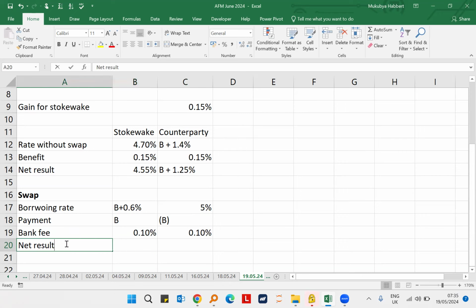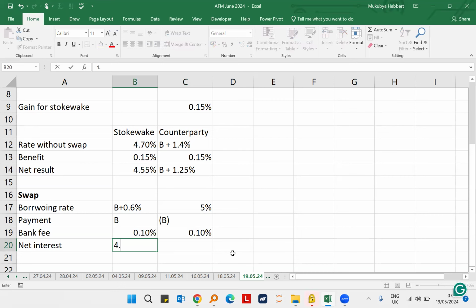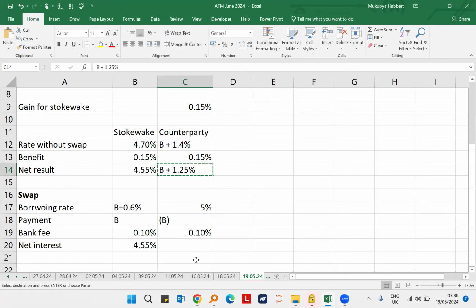The net interest that we have seen, we have said it's going to be 4.55. Okay, so 4.55%. And this one, this rate plus 1.25%.